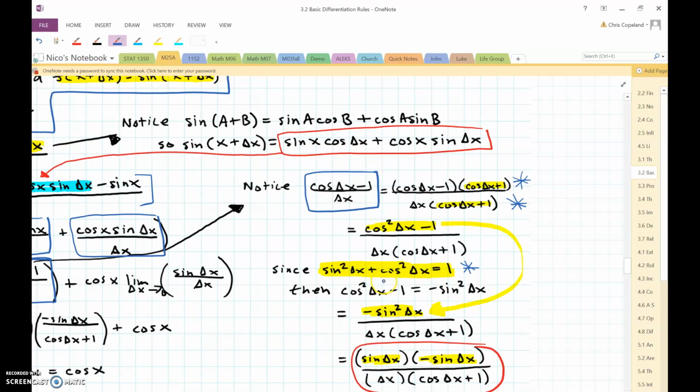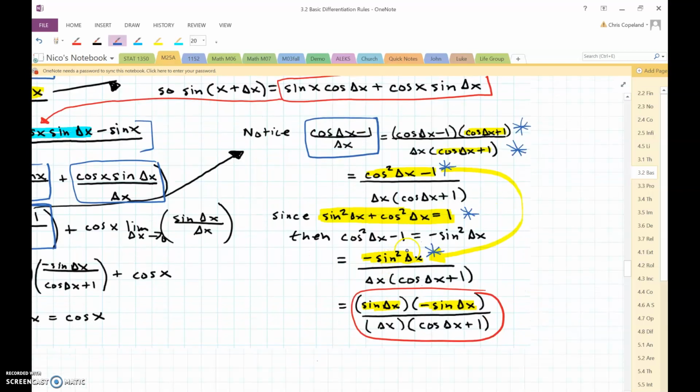I could move this around and get cosine squared delta x minus 1 equals negative sine squared delta x. And then I can substitute that here. So now I have negative sine squared delta x all over delta x times cosine delta x plus 1.